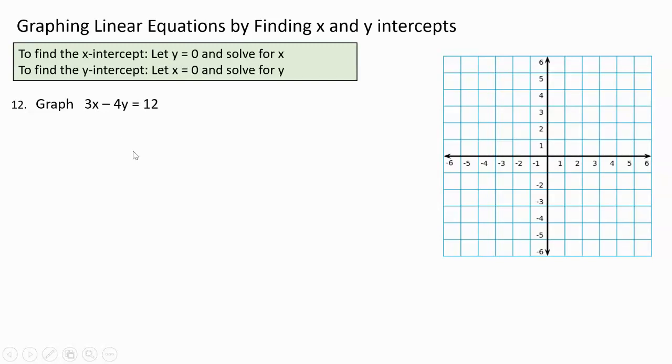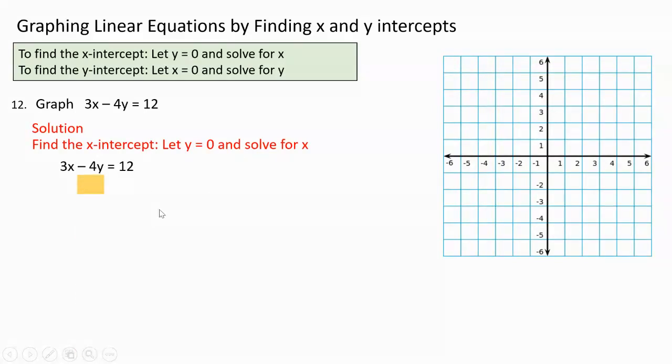For example, to find the x-intercept, we let y equal 0, so we're going to cover the whole y, because -4 times 0 will give us 0. Then in our heads, we can divide both sides by 3, so x equals 4.